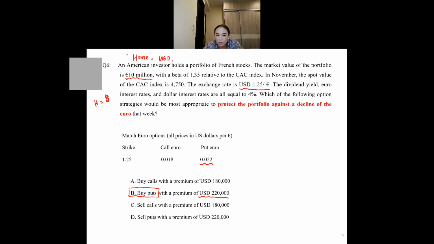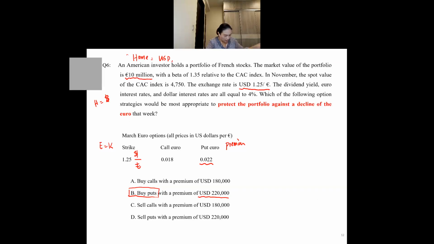It says March euro options, all prices in US dollar per euro. The strike price, the E or K, is 1.25, and then call euros and put euros. Remember, that's your premium cost per contract. A call euro is 0.018, and the put euro is 0.022.